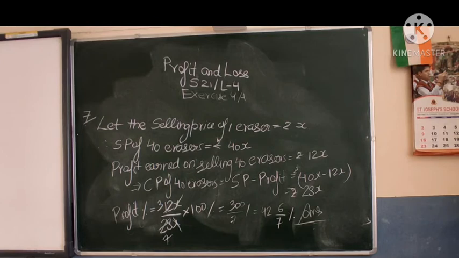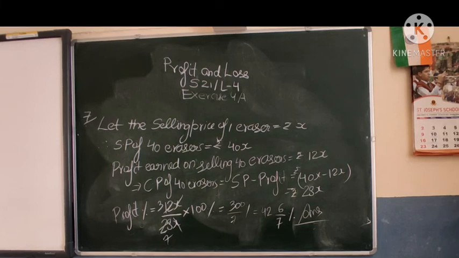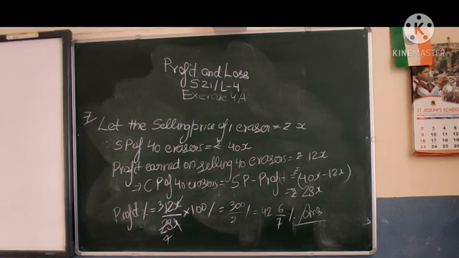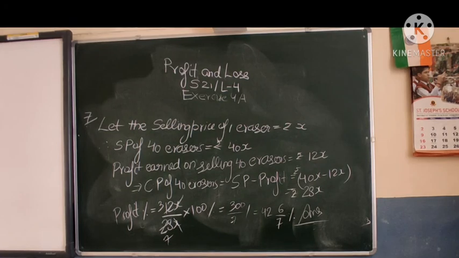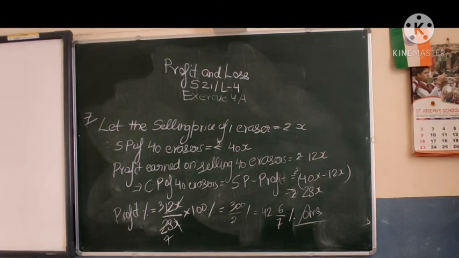And then after calculating CP, we have calculated the profit percentage, which is profit upon CP into 100. So profit is 12x, 12x upon 28x we have done, and then multiplied with 100. So it is 300 by 7%, or in mixed fraction, it is 42 whole 6 by 7%. So I hope this makes things clear to you, and we will continue with some more questions in the next class.